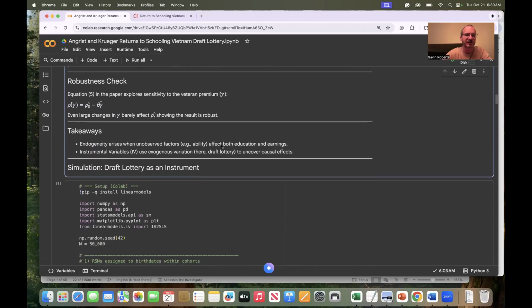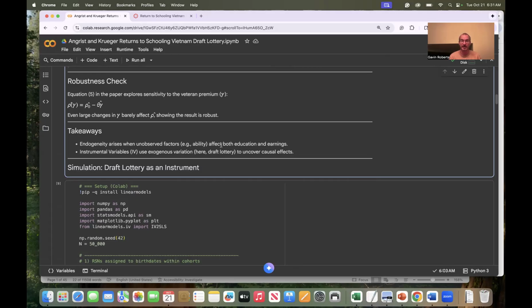So robustness checks. Right now we're going to take a look at whether we are really decoupling schooling and veteran status. Because above we mentioned that maybe veteran status impacts earnings, and maybe being drafted has an impact on your earnings itself.